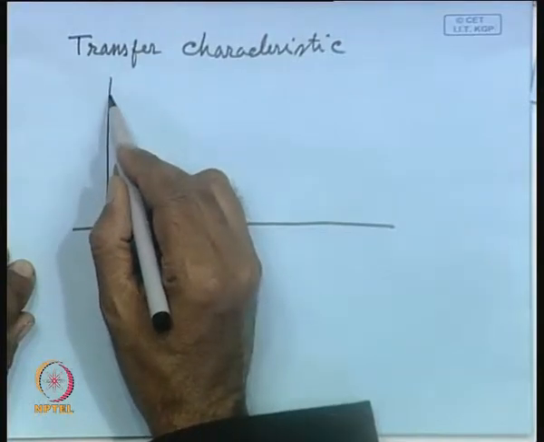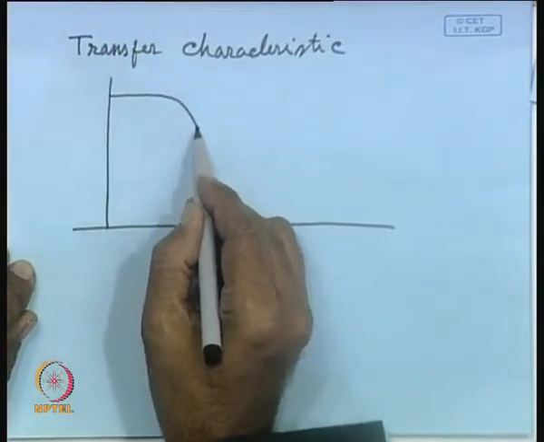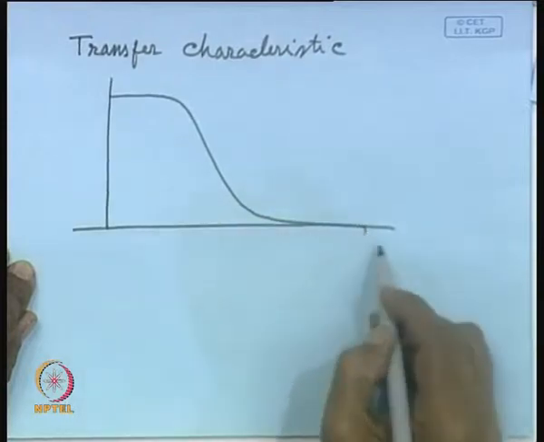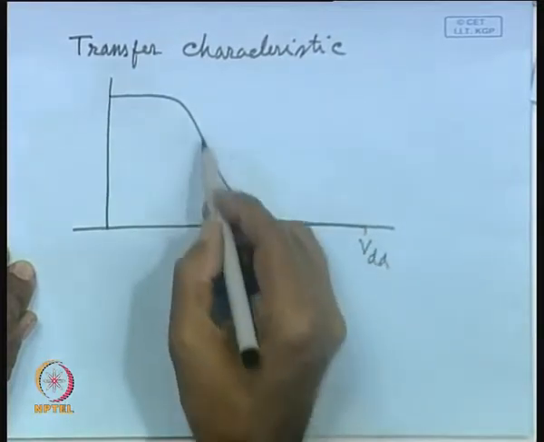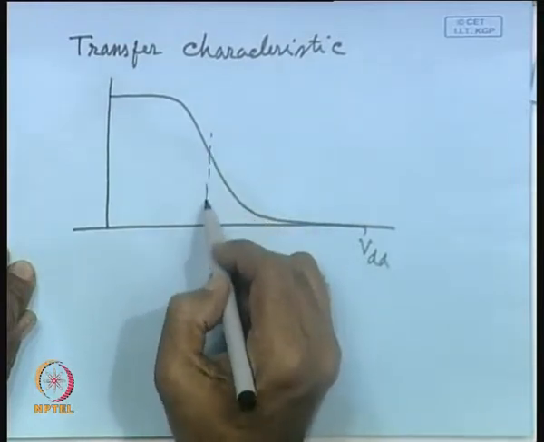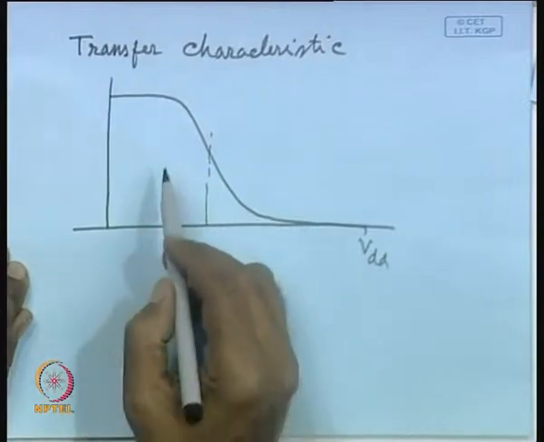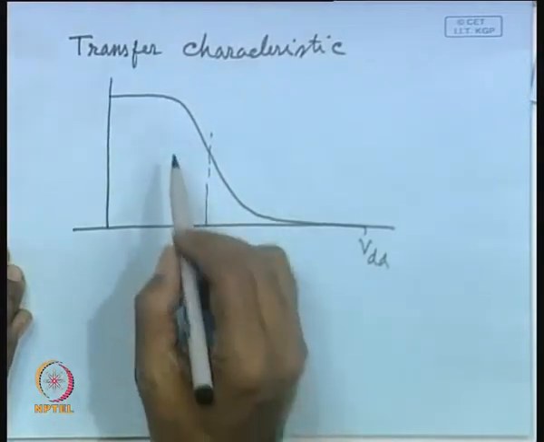As you know, in case of a CMOS inverter, the transfer characteristic is somewhat like this. So, this is VDD, almost near the middle this transition takes place, and slowly it goes. As you know, it can be divided into 5 regions.